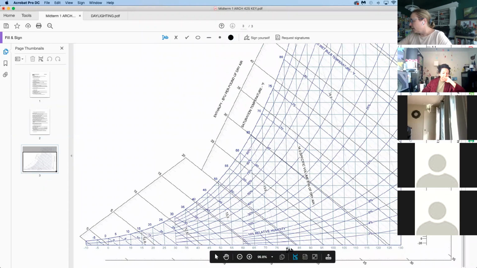Starting at 80 degrees dry bulb at the bottom, going straight up the temperature line until we hit the 50% relative humidity curve, and then go up parallel to the diagonal line for wet bulb temperature. We are at approximately 66, 67, anything in that range is acceptable.